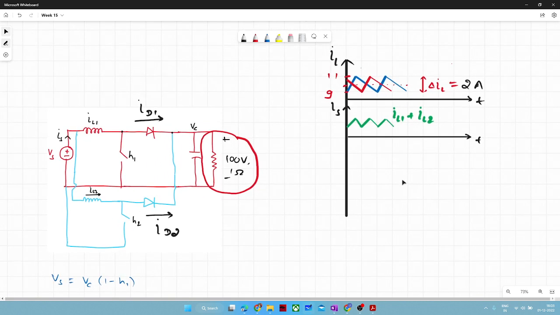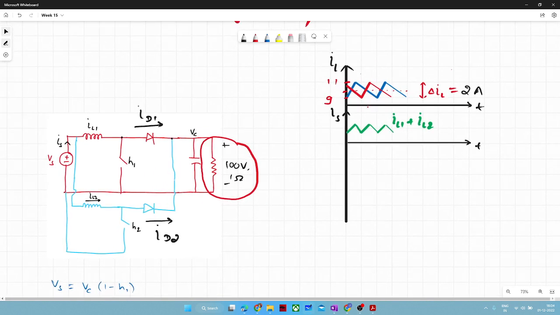For convenience I have drawn the current in each inductor. So let us assume this duty cycle is 0.35. At any point, if you are not able to get it, just interrupt. Okay, so let us assume duty ratio is 0.35, and it is getting charged for that period and getting discharged for another 0.65 of the duty cycle, right?